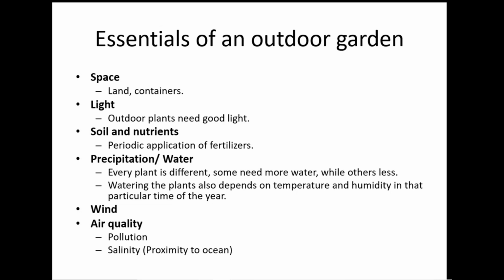Soil nutrients you have to provide, NPK: nitrogen, phosphorus, and potash. We can give them in different forms, either chemical or organic, based on what we grow and on the gardener in charge. If you go for general organic gardening, that would be great. Then again water is required, but for xerophytes we require less water.